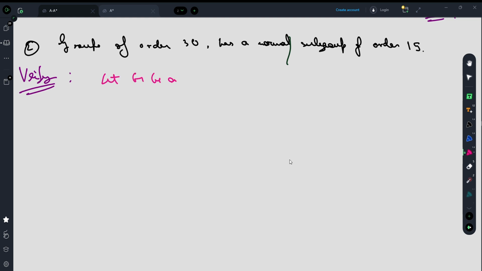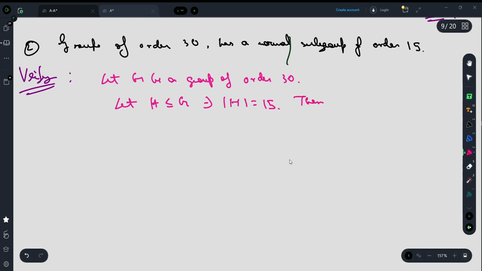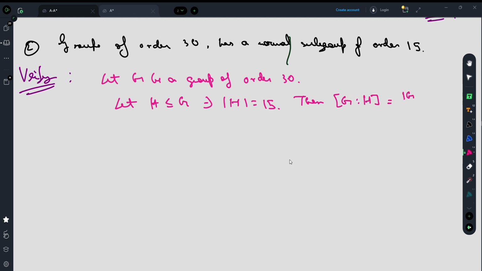First things first, observe that we need to show that a group of order 30 has a normal subgroup of order 15. So let G be a group of order 30. Let H be a subgroup of G such that the order of H is 15.